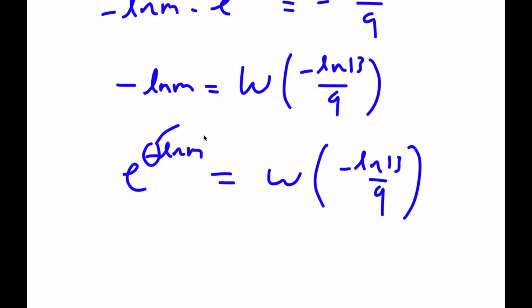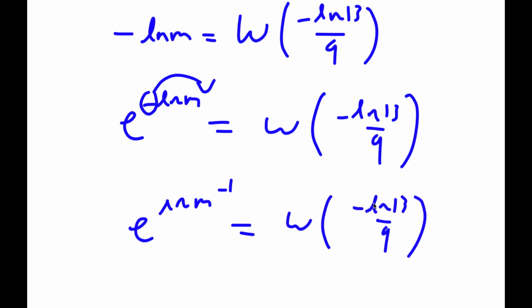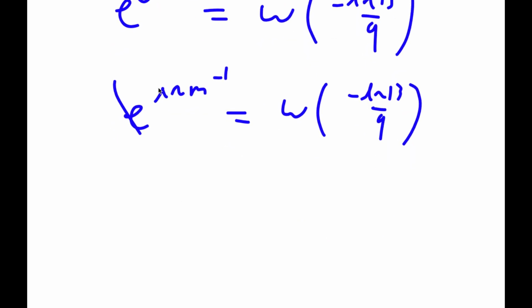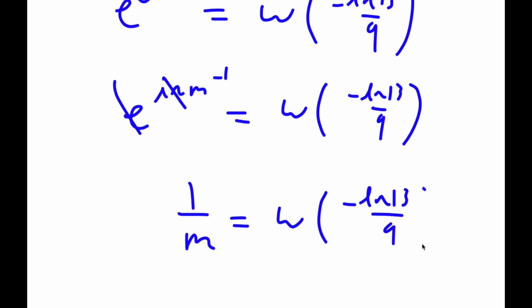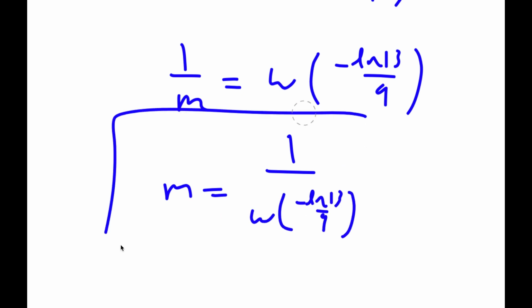Now I can move this negative to the front. So now I have e to the power of ln m to the power of -1 is equal to W of negative ln 13 over 9. And now these two cancel out. So now I have 1 over m is equal to W of negative ln 13 over 9, meaning m is equal to 1 over W of negative ln 13 over 9.